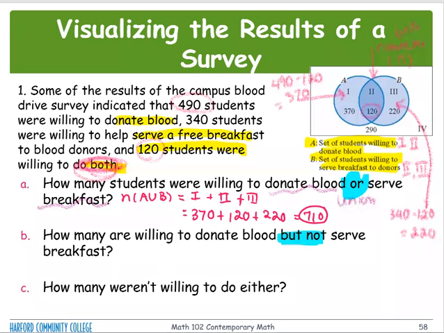Donating blood is represented by set A, and serving breakfast is set B. Another way to say it is we're going to find the number of members in A but not in B. So I'm going to write it this way instead: in A, not in B. Using the regions, in A but not in B is just region 1.